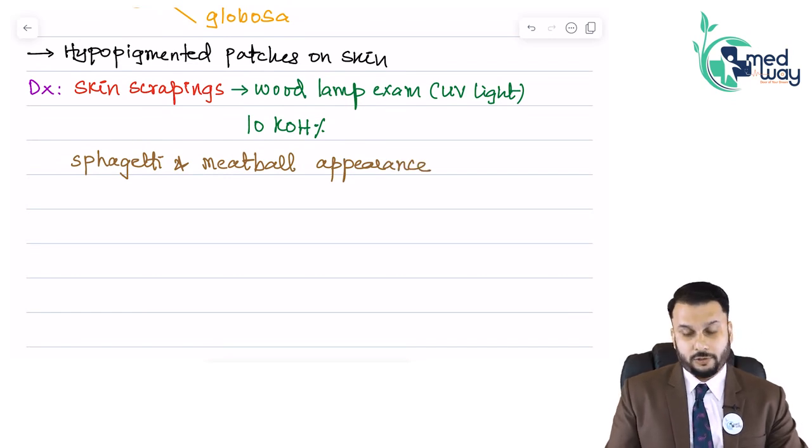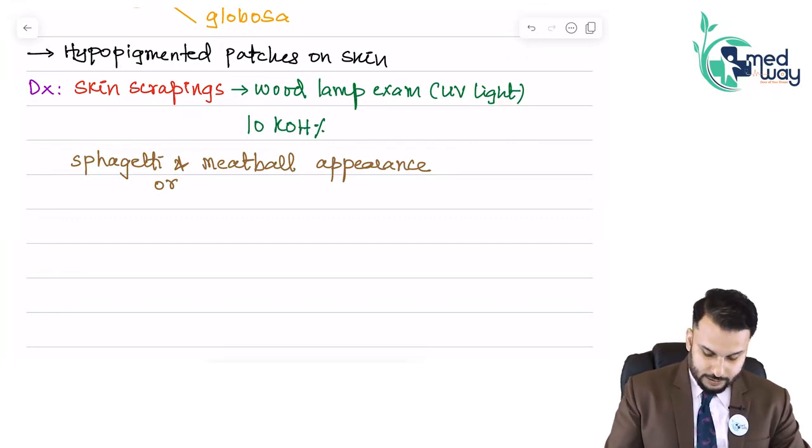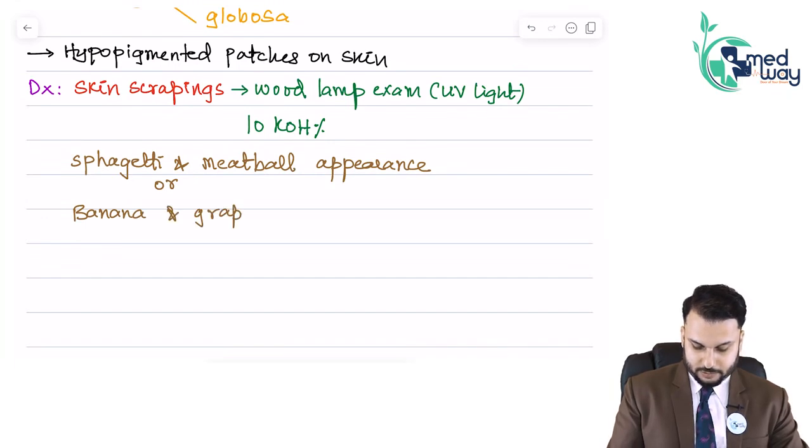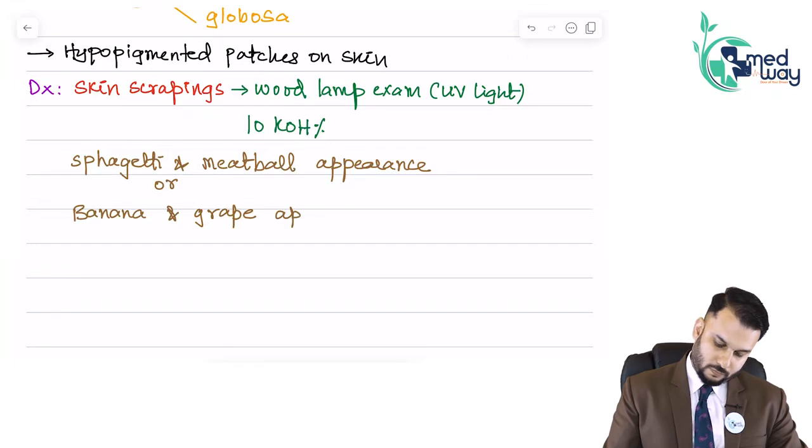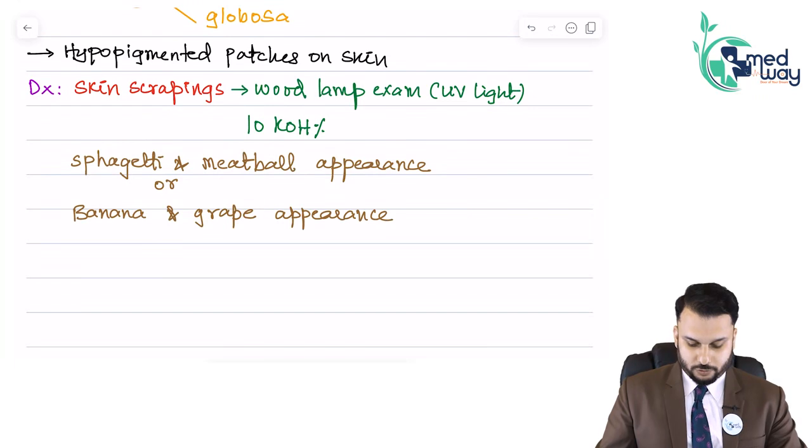Or another word to describe the same, it's also called banana and grape-like appearance. Okay, so this would be seen on the microscopic picture.